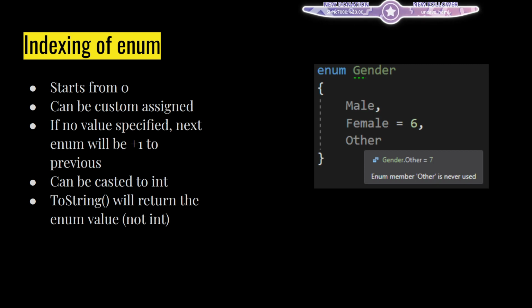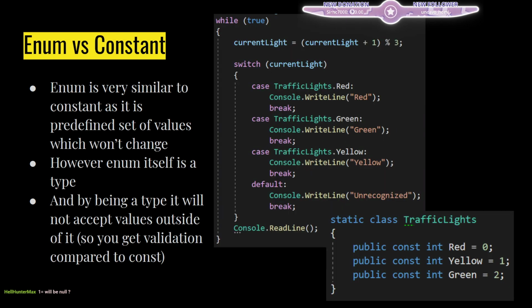So male to string will be the string male. No, it won't be null. In this case, it will not convert, I think. You won't be able to cast 1 to gender. It will throw an exception. Again, we can try that in coding before too many questions stack up.